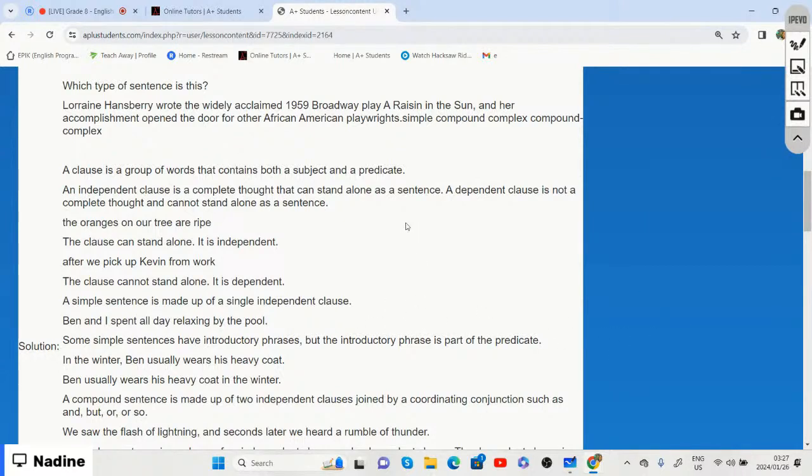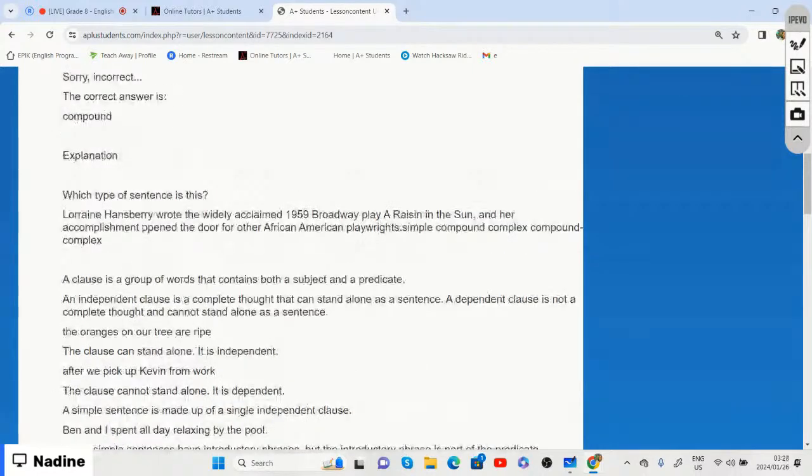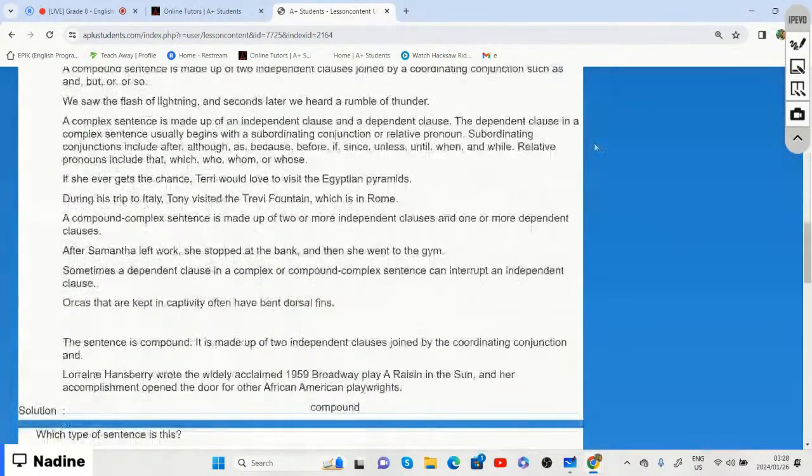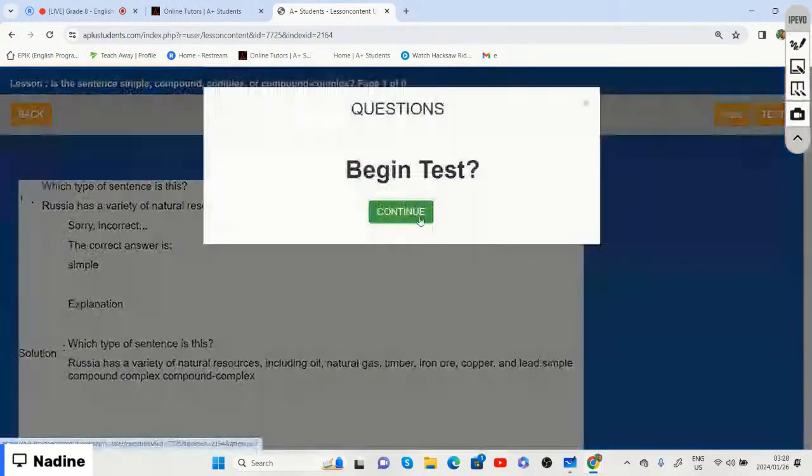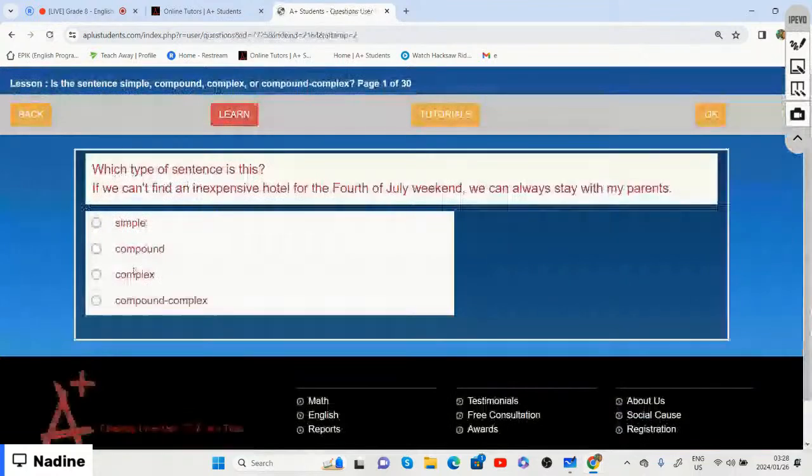All right. So now let's go to our test. So we need to say what type of sentence it is, if it's simple, compound, complex, or compound complex, right? So if we can't find an inexpensive hotel for the 4th of July, we can always stay with the parents.